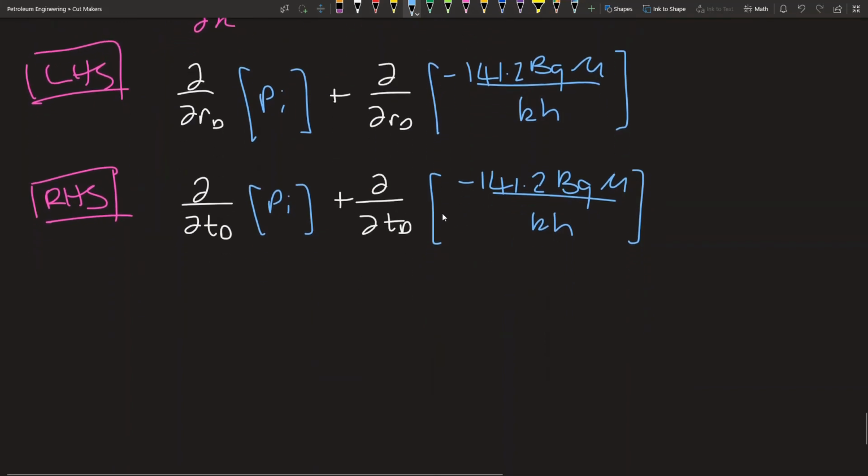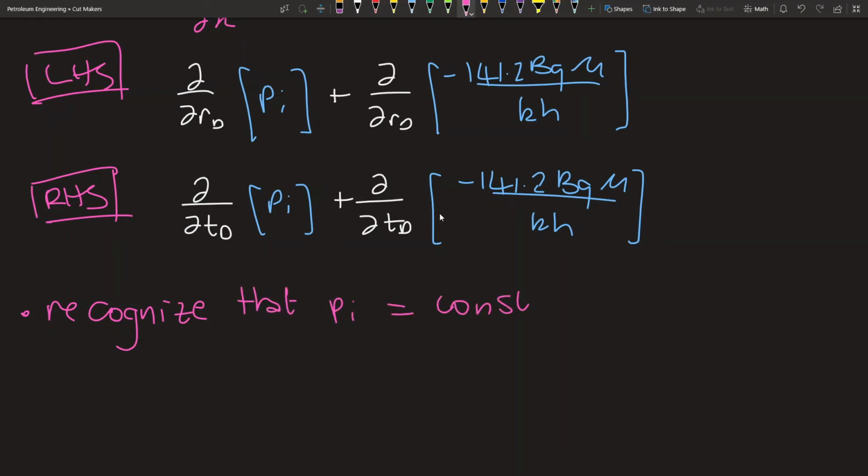Okay, so they look very similar, so there should be a way that we can eliminate both of them. The way that we do that is we recognize that P sub I is some constant, and that dou A over dou X, where A equals constant, is equal to 0, because constants do not vary with any parameter at all.